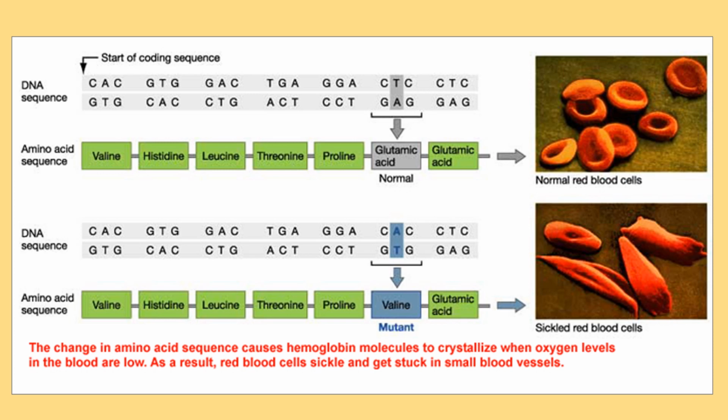Instead of glutamic acid, a valine is put into that position. And that change from glutamic acid to valine in that position gives rise to the misshapen form of hemoglobin that's often referred to as sickle hemoglobin.